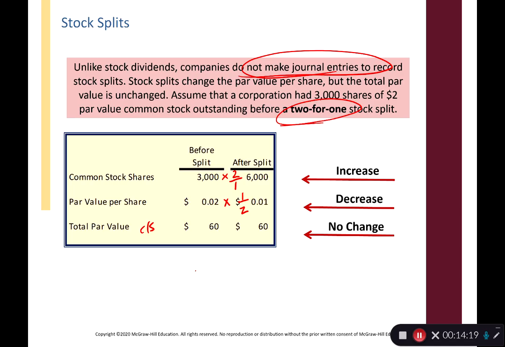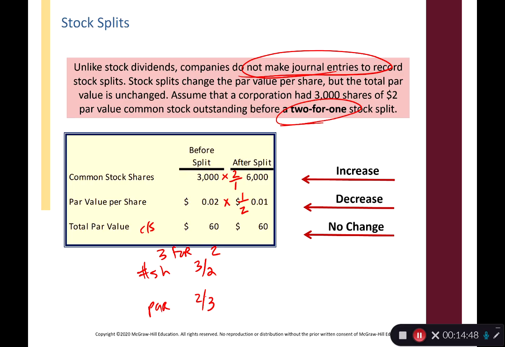So if it was a 3-for-2 stock split, we would multiply the number of shares by 3/2, and then the par, we would multiply by 2/3. So if we want to figure out the number of shares and the par before and after the split, we multiply by what I call the stock split ratio.